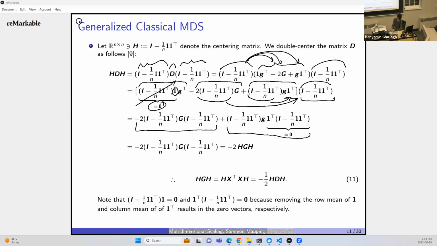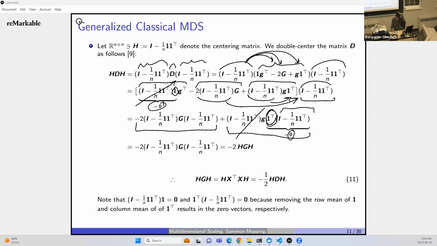Now again, here we have 1 transpose, so it's a row vector of 1s. And here this is a centering matrix, but multiplied from the right side. If you recall preliminaries, if we multiply the centering matrix from the right side, it removes the means of the columns. I have a row vector and I remove the mean of the columns. It becomes a 0 vector.